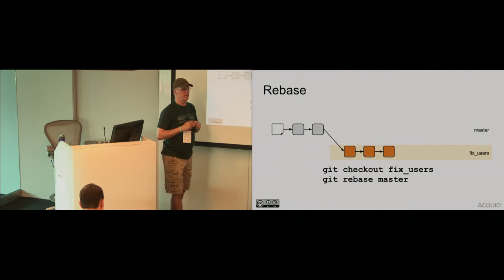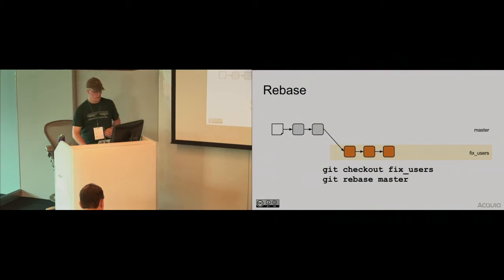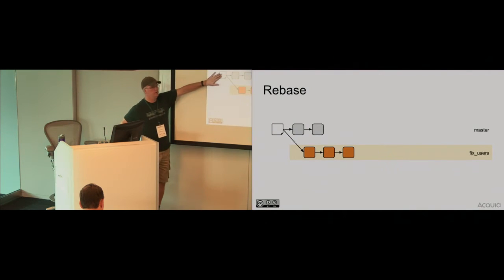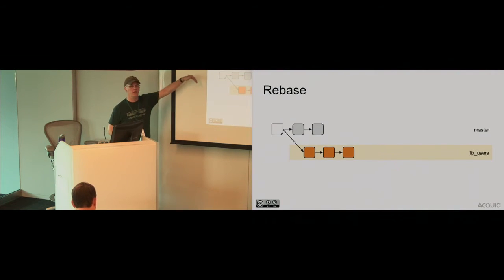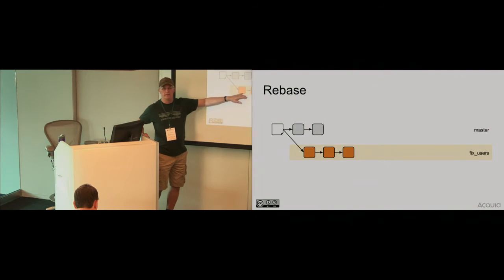So a rebase says redo the base, the base being the commit where your branch is branched from. So my base here is this white commit. That's a known thing to get when you say branch fix users. It says, okay, the base is this commit, whatever the hash is, and it stores that so it knows exactly where the base of the branch is.